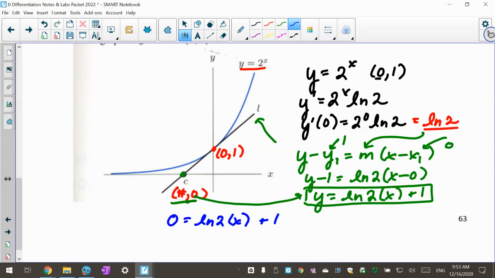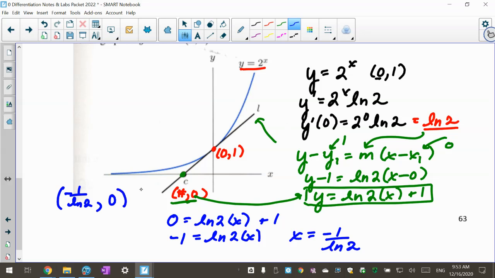So I'm going to subtract 1 on both sides. I have negative 1 equals the natural log of 2 times x. I'm solving for x, so I divide by the natural log of 2. So x is going to be negative 1 over the natural log of 2. That's my x. So the point is really negative 1 over the natural log of 2, comma 0, because that's where it crosses.